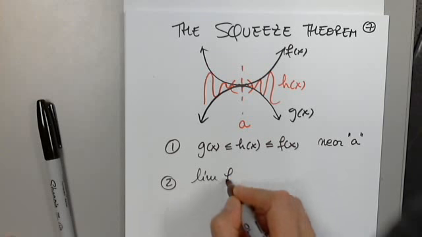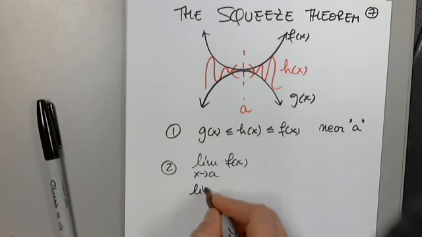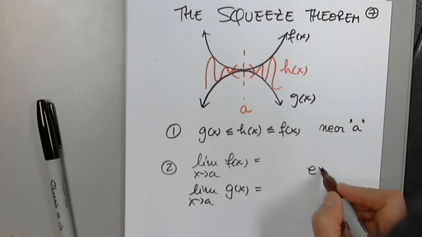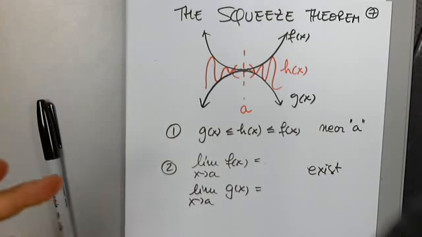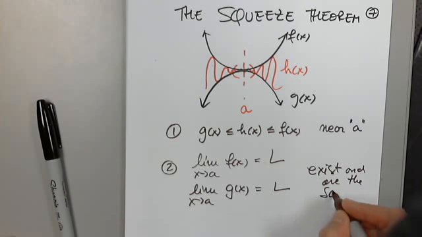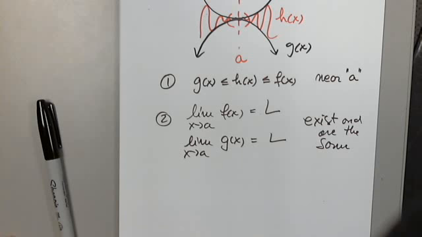That the limit of f of x as x approaches a from either side, and limit of g of x as x approaches a from either side, they exist. They exist, which means they are a number. Let's call that number L. And they are the same. Exist and are the same.